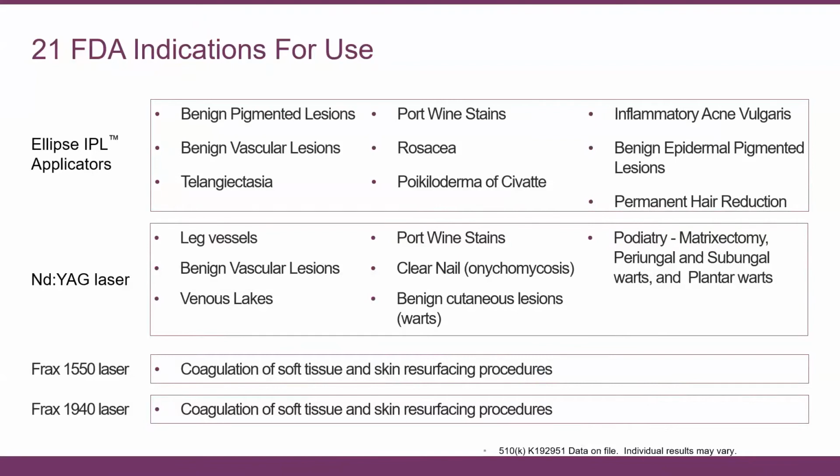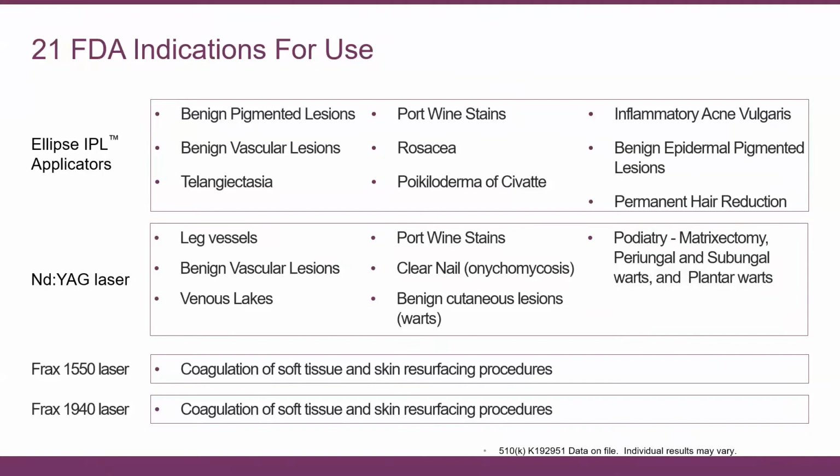The Nd:YAG, as you would expect, we're primarily using for vascular conditions, but we can also treat toenail fungus, we can treat warts, and a number of other conditions. So it gives you a very broad range of treatments all within one platform.